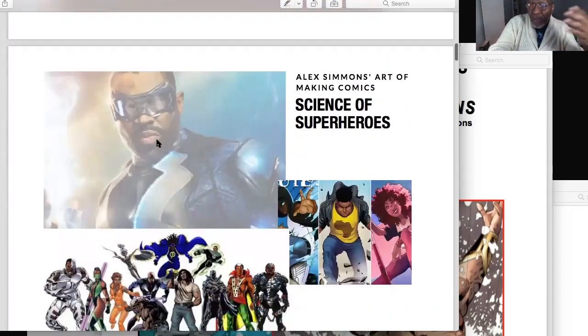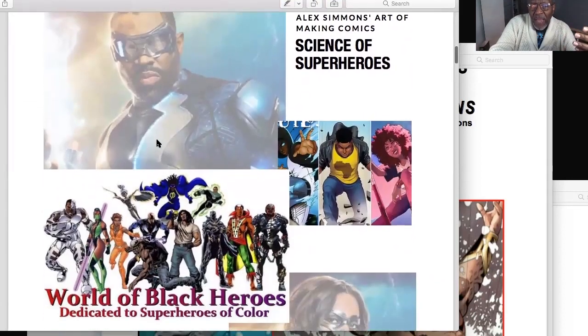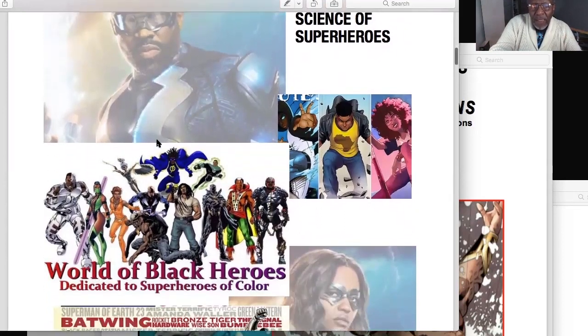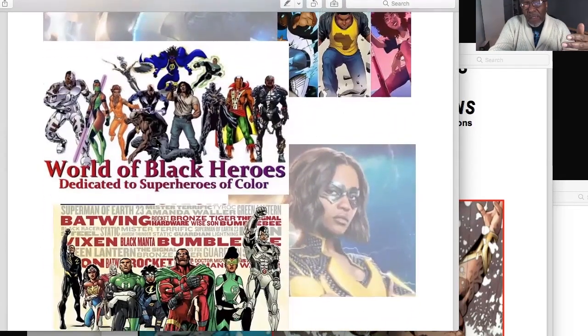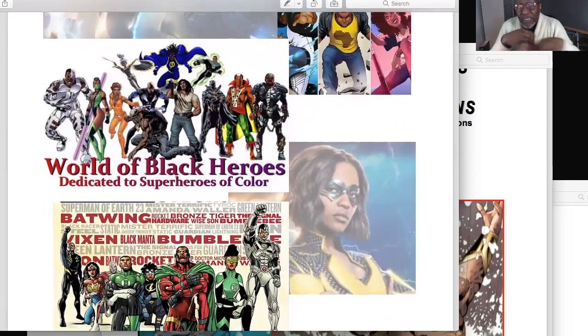Now we have a larger array of other characters, like we have Black Lightning, and then we have a number of characters from the DC universe as well as the independent comic book universe. You may recognize some of these characters. Icon and Static Shock, which are shown here, and Static's also up here.